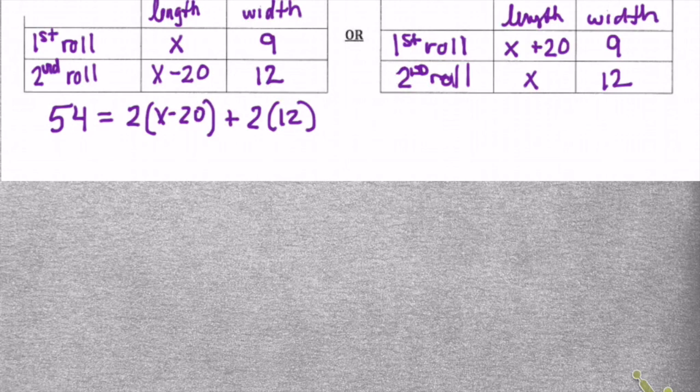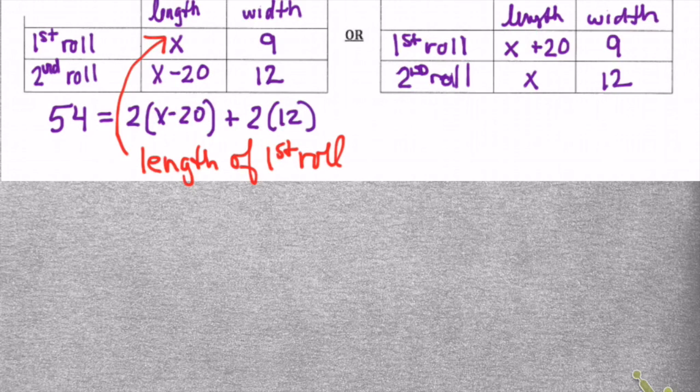And this is going to give you what you're looking for here, because you're going to solve for X. What you're looking for in this one is the length of the first roll. So the reason we can use a different equation here is we're going to be looking for different things. When we solve this first scenario, we would be finding the length of the first roll, and we would have to go back and find the length of the second roll.